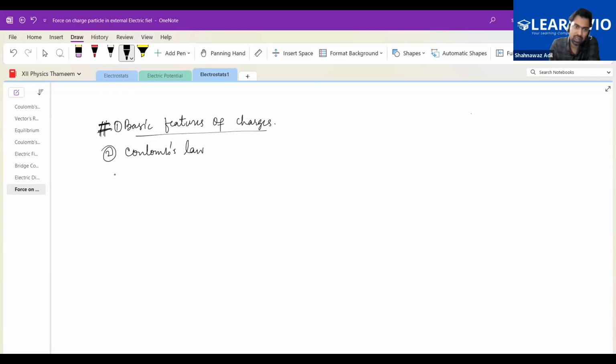The next topic that we have done is equilibrium. There were two kinds of equilibrium. One was that one point is at equilibrium.